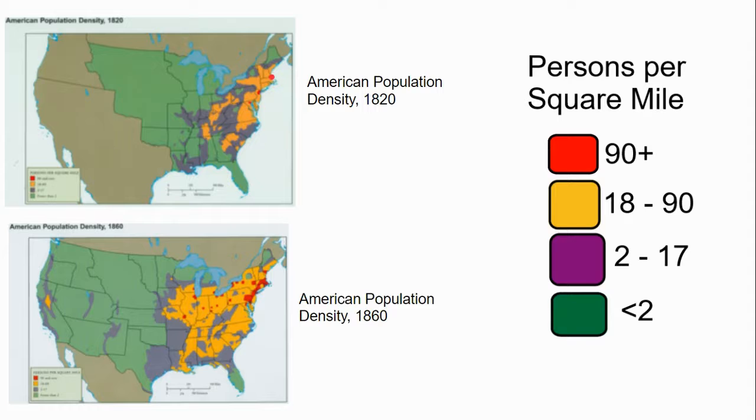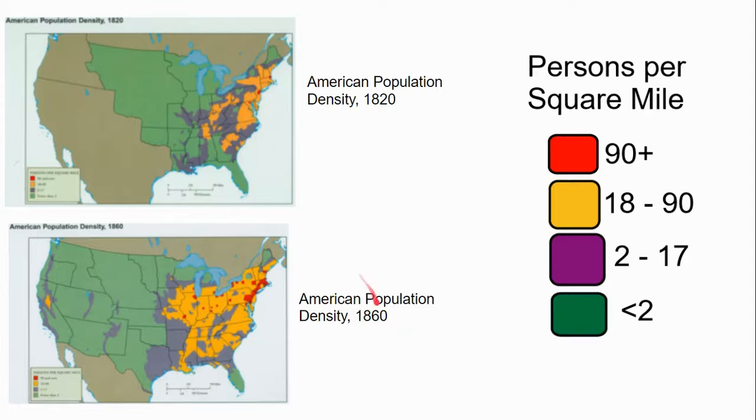This is not quite Boston. I think it's supposed to be Boston, but it's a little bit out of place. And that's the only location on this map that I can see where there were more than 90 people per square mile. So America at this time is not a nation of cities. It's a nation of mostly farmers and very small cities, more commonly towns and villages.